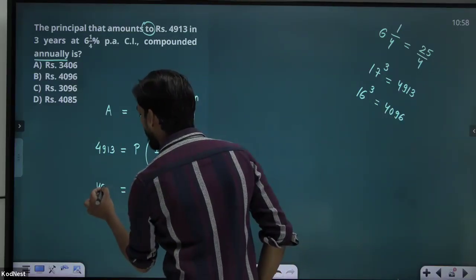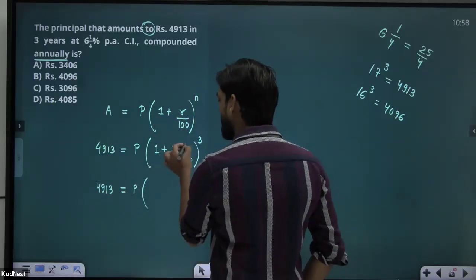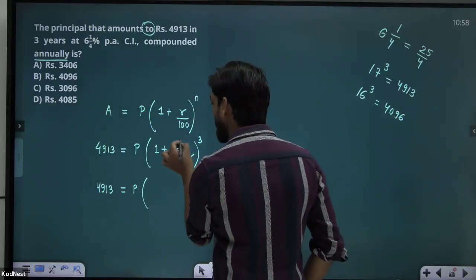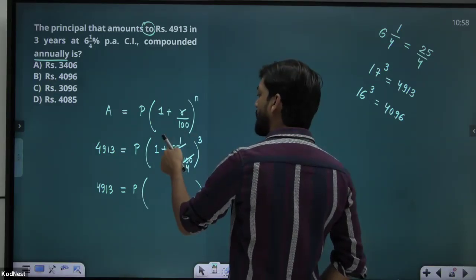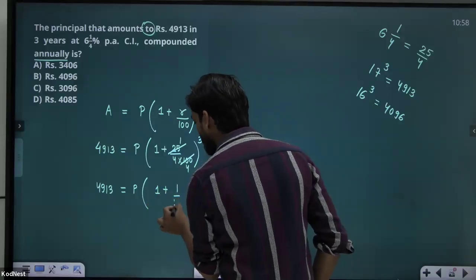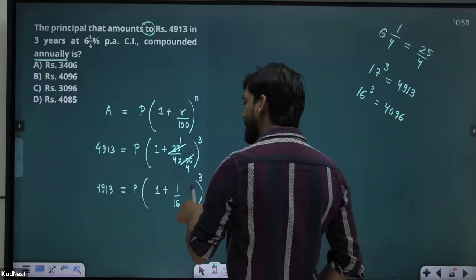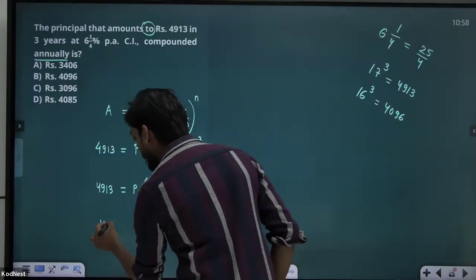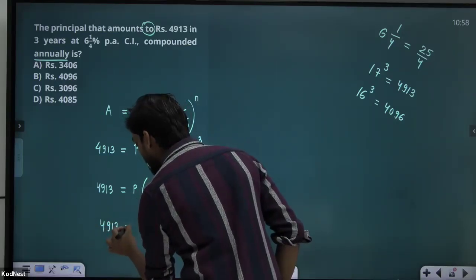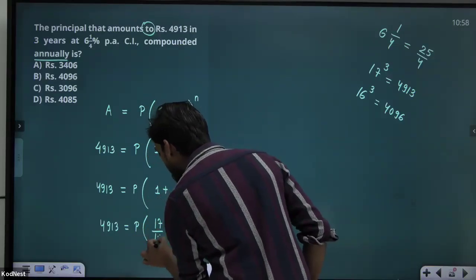So 4913 P, and simplify this 25 into 4, 25 into 1. 1 plus 1 by 16. This will come out to be 17 by 16. So 4913 equals P times 17 by 16 cube.